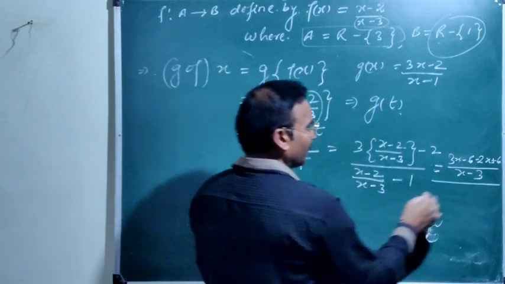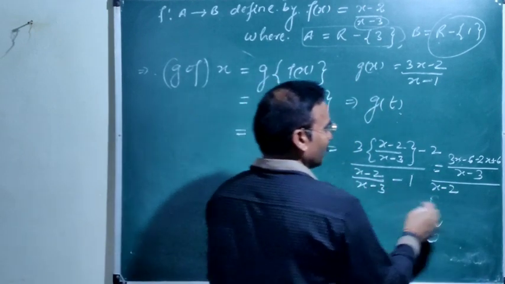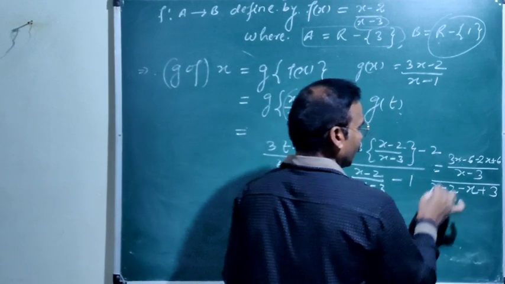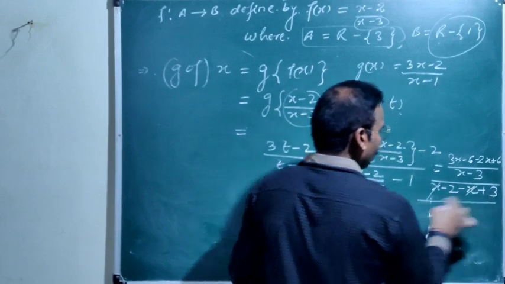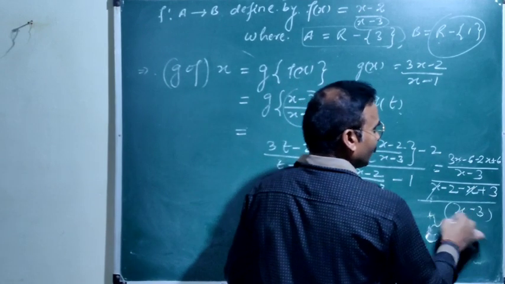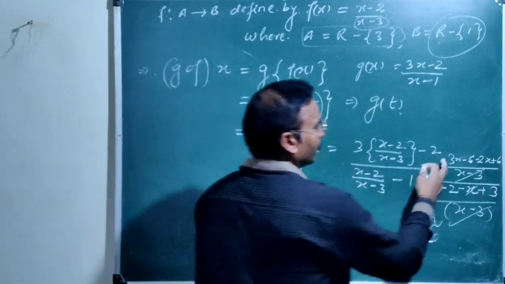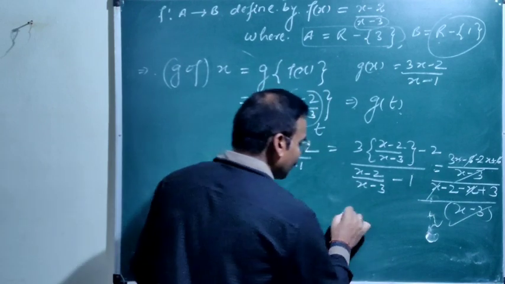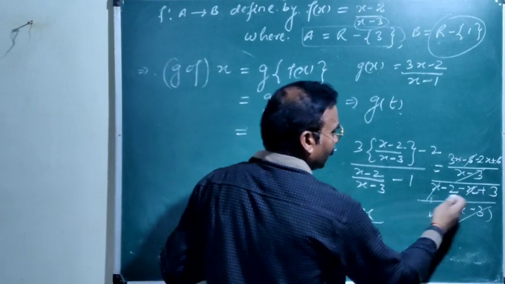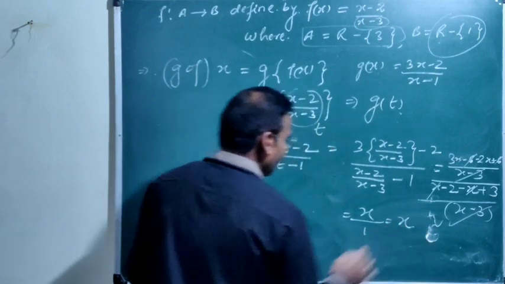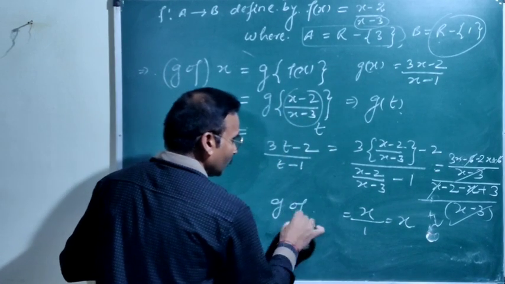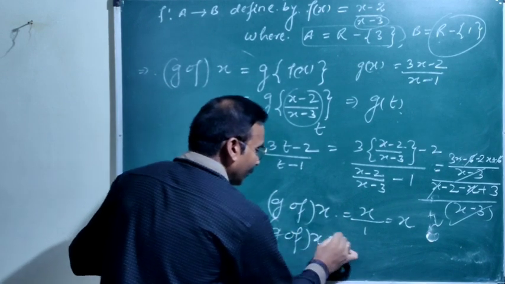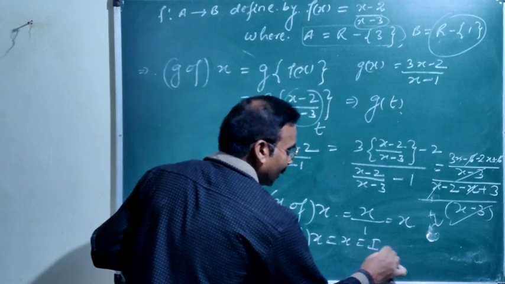In the denominator, x minus 2 minus x plus 3, so minus x plus x cancel out, whole divided by x minus 3. This x minus 3 cancels out. Now 3x minus 2x, and plus 6 minus 6 cancel out, leaving 3x minus 2x, which is x, and 3 minus 2 is 1, so this is equal to x. So this is the value of g of f(x). g of f(x) equals x, which is equal to I_A.